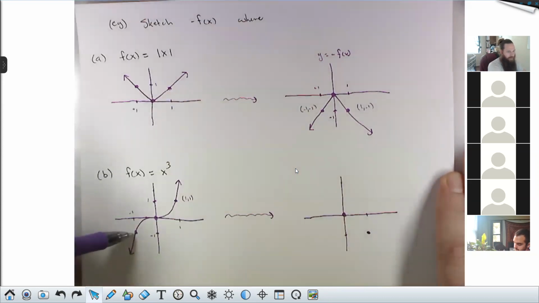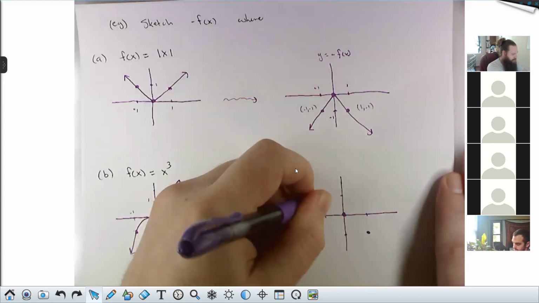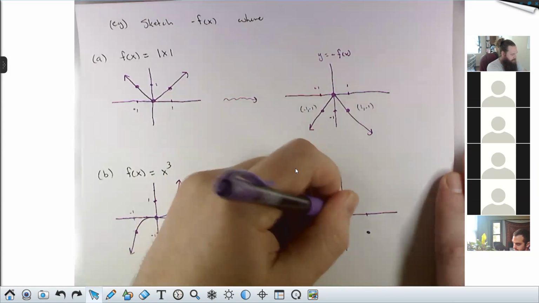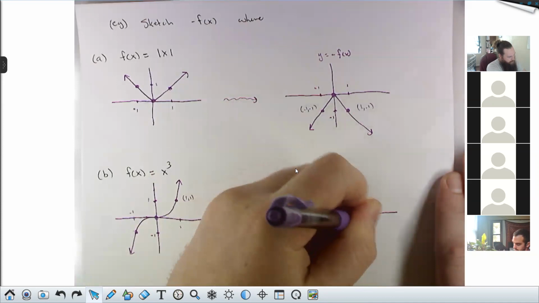And this guy, negative 1, is going to get flipped up here to negative 1, positive 1. And the result looks like this.